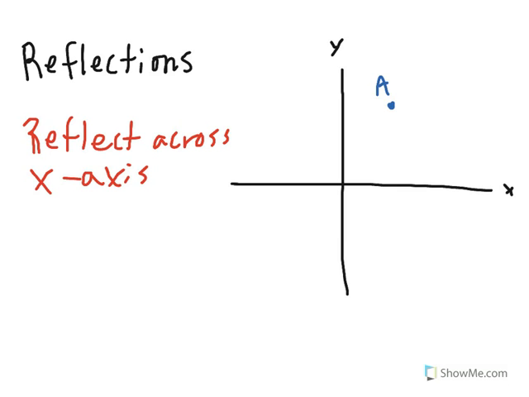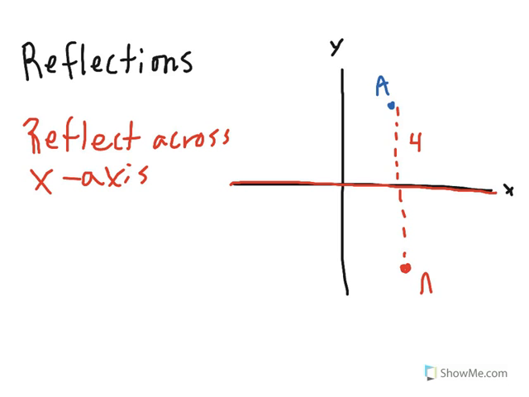Well, what that's telling me is the x-axis is essentially like my mirror. Okay, and if I were standing at point A and I was looking into this mirror, and let's just say I was, I don't know, 4 units away from that mirror, well, I would see my reflection the same distance away looking back at me on the other side.